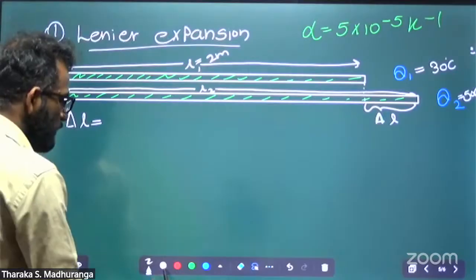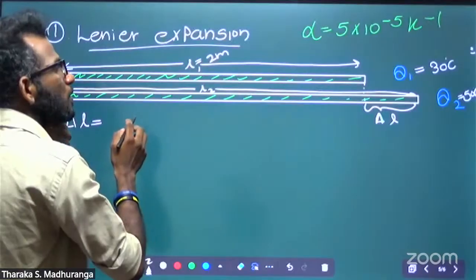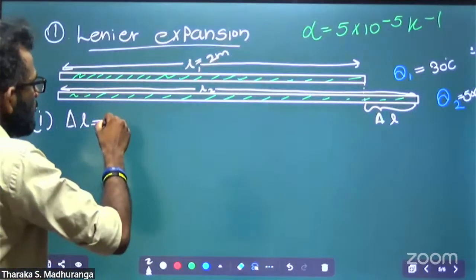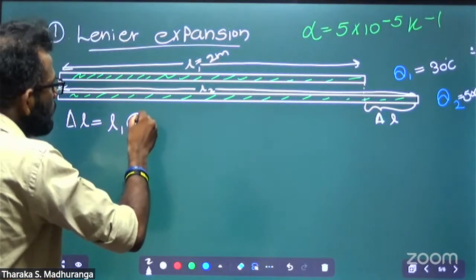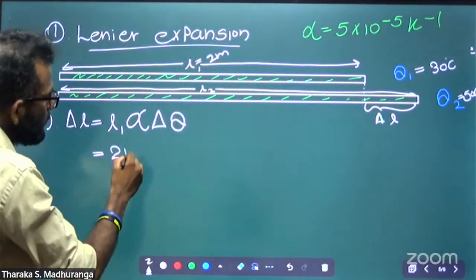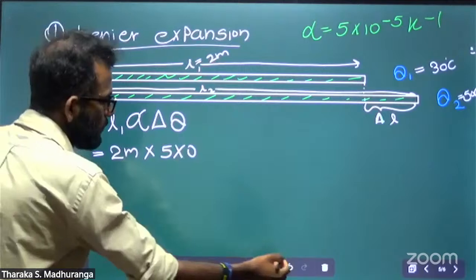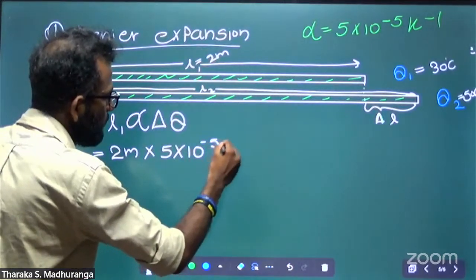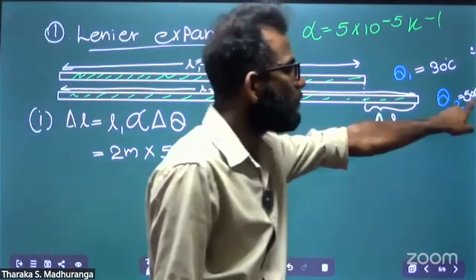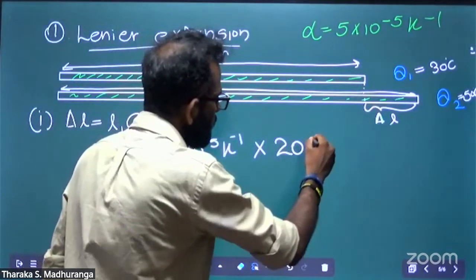Okay, delta L, everyone look at this. The delta L equals L1 alpha delta theta. Now L1 is 2 meter, alpha is 5 into 10 to the power minus 5 per Kelvin, and the temperature difference from 30 to 50 is 20 Kelvin.